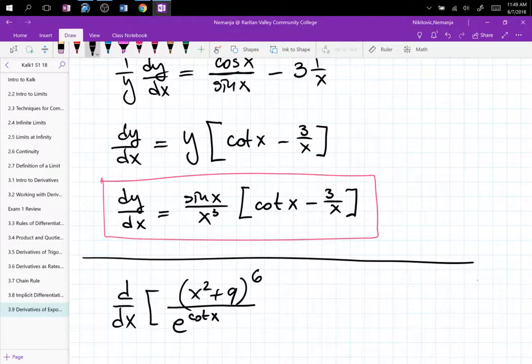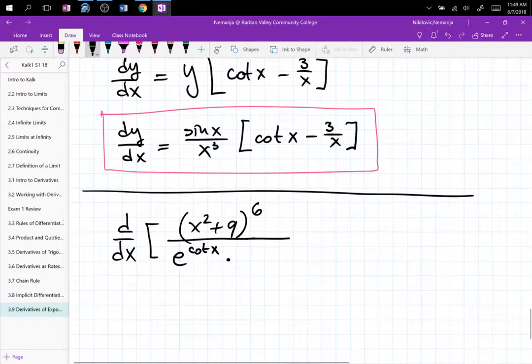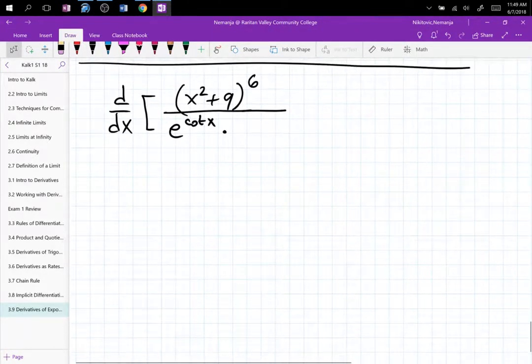Let's put one more thing here. Times 2. Can we have a function that has some weight to it? Times what?